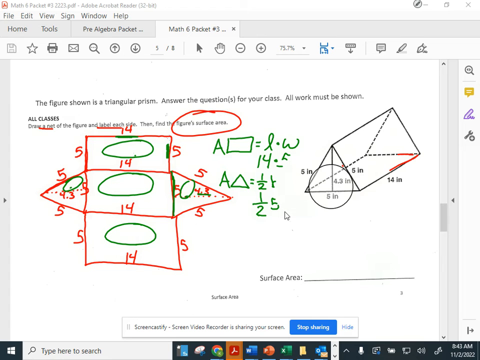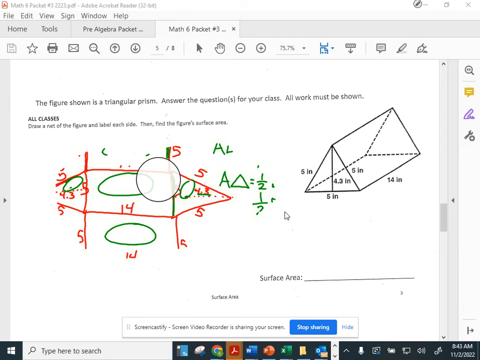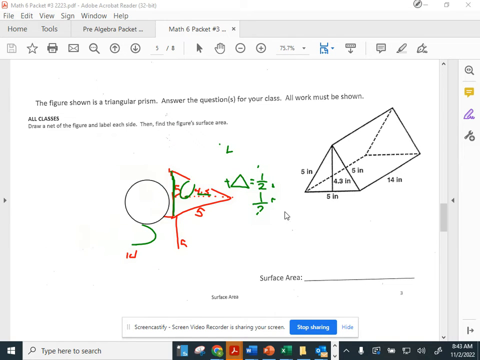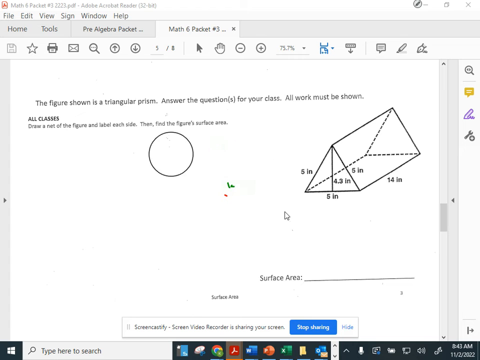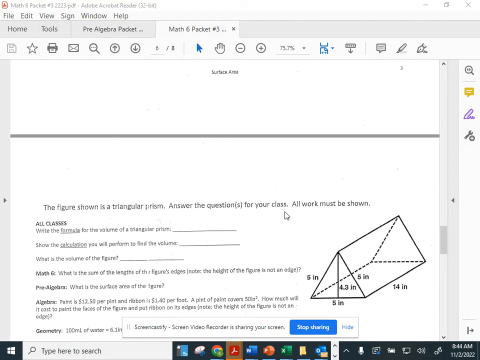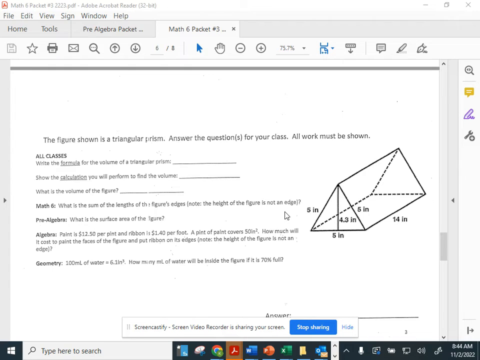For our next page, we are still working with that same shape. So we're working with our same shape, that triangular prism. And this time we need to find the volume.